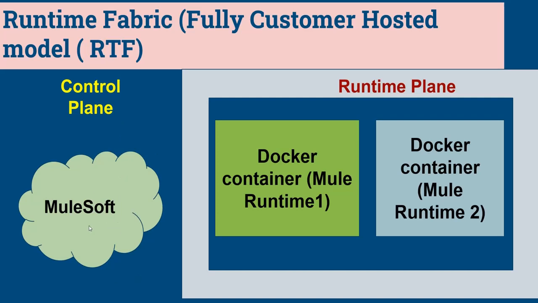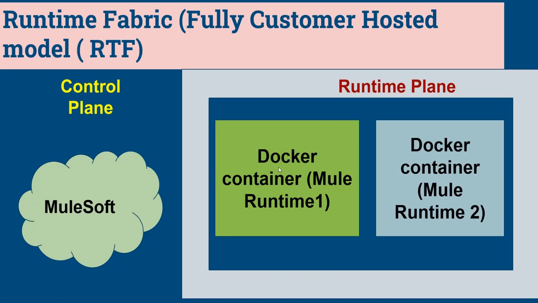Okay, so the difference between hybrid and Runtime Fabric is that in Runtime Fabric, the runtime plane is under your organization's control, but inside that it is a containerization type of model, because it has a lot of Docker containers, which are internally used by Kubernetes.